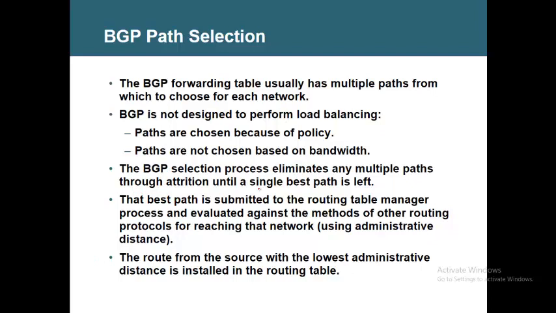Now, when one single path is picked among many multiple paths from the BGP forwarding table, the path which is elected as per the policy, that single path gets promoted to the routing table manager. It is nothing but the algorithm that manages the routing table.